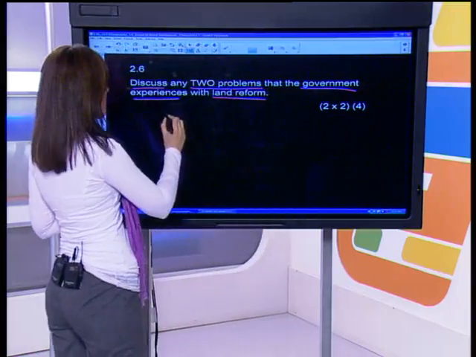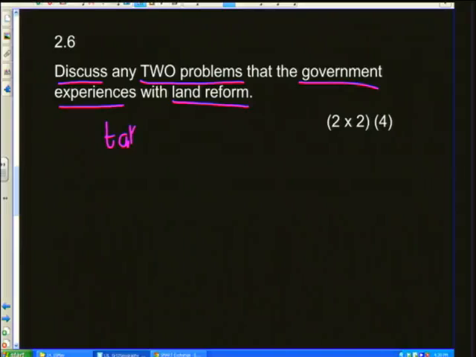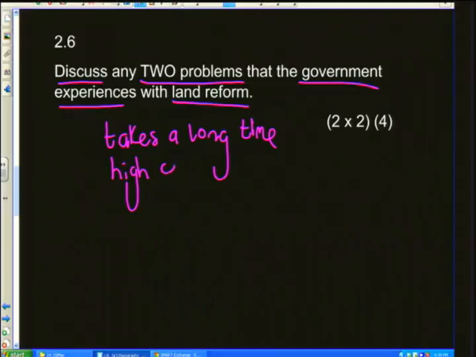Right. So firstly, it takes a long time, but too long in many cases. It also involves high cost. Right? Sometimes there's also a lack of support by the government.